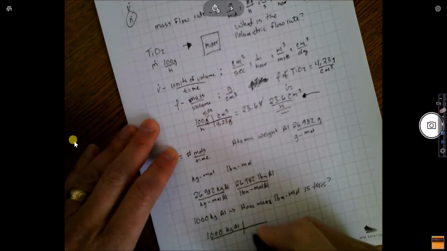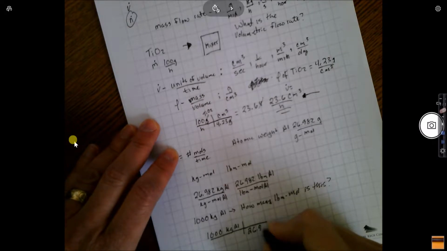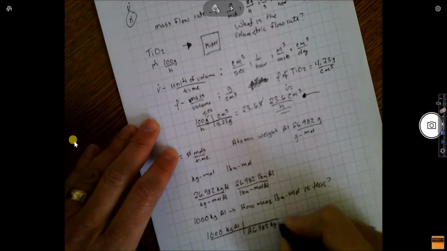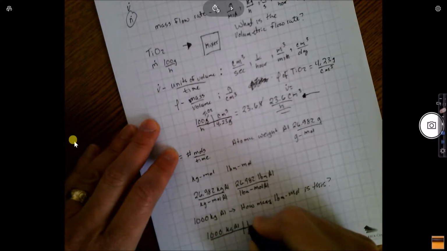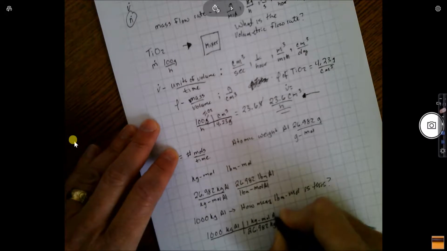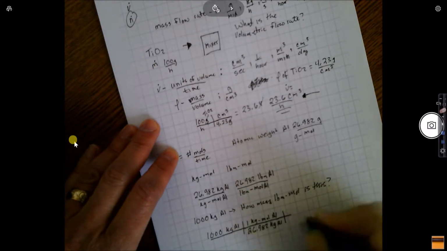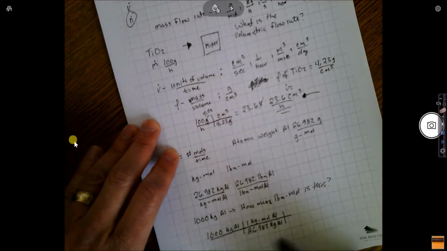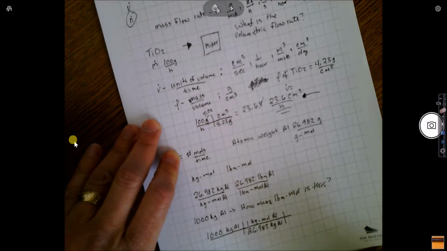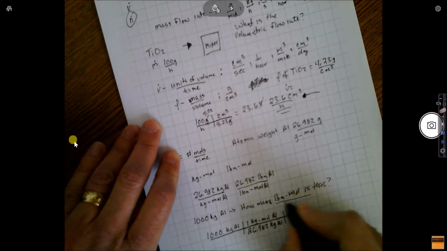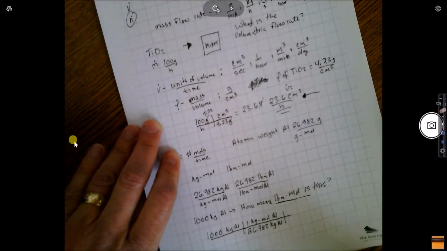We want our kilograms to cancel, and we know there's 26.982 kilograms of aluminum in 1 kilogram mole of aluminum. So we know kilograms of aluminum are going to cancel out. If we performed a calculation now, we'd know how many kilogram moles of aluminum there are, but that's not what the question is asking. We want to know how many pound mass moles there are.